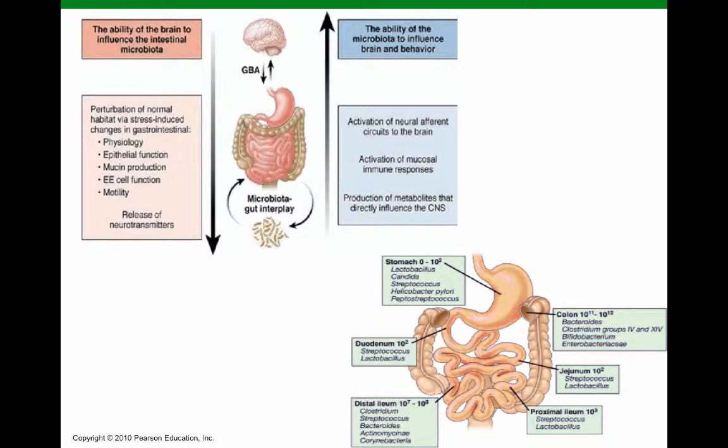New research is suggesting that there is this crosstalk between the chemicals that are produced in the gut by the normal microbes and how that can affect brain function and vice versa. So the ability of the brain to influence intestinal microbiota.